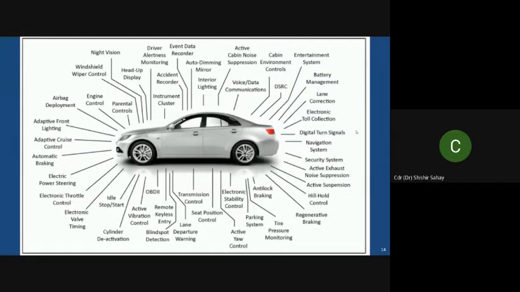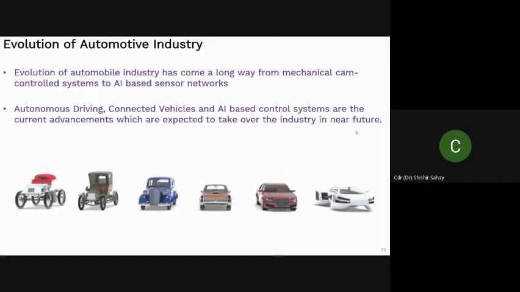And I'm talking about 2017. All these things were already there. Nothing new. In fact, so many more things. Advanced driver assistance systems. Systems which assist the driver. We all know this. A very, very quick slide for you.